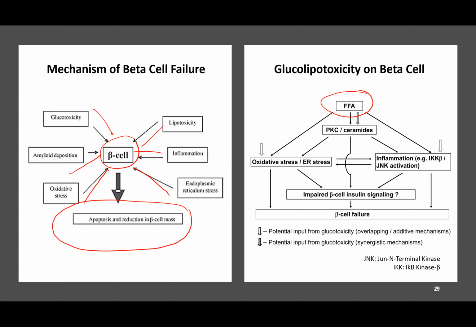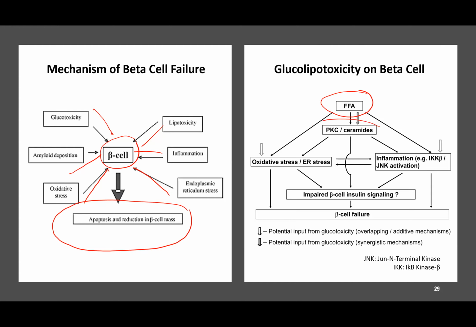The moment you have more free fatty acids in the system, insulin resistance is triggered, beta cell apoptosis is triggered, several endocrine functions are hampered, and then fatty liver occurs, and fatty deposition in the pancreas is today's watchword. Earlier, we were thinking of fatty liver. Now we do an ultrasound and we see a fatty pancreas. How much fat is there in the pancreas will decide the future of the individual.